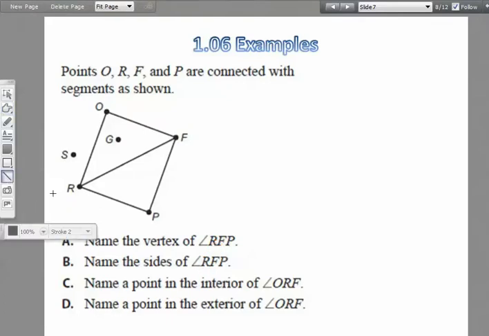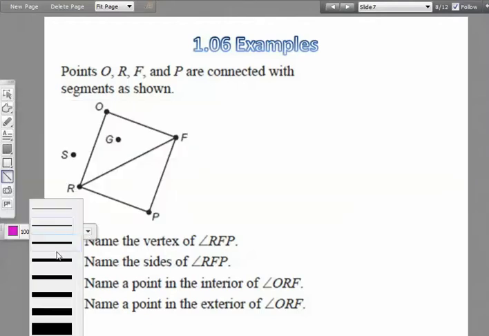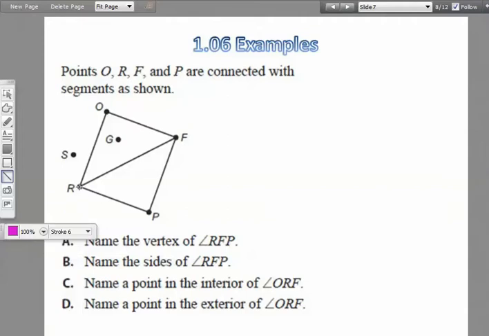But let's look here. If I go, oh, my colors, I like colors. And let's make it a little larger so we can see it on the screen. R, F, P. There you go.